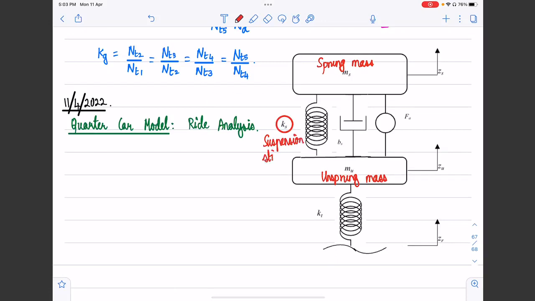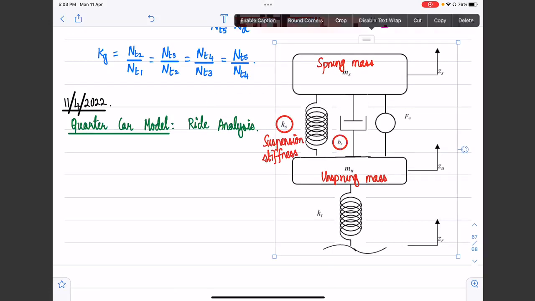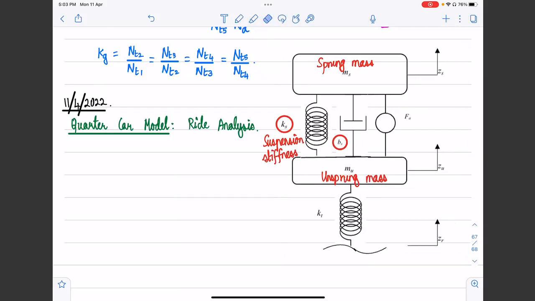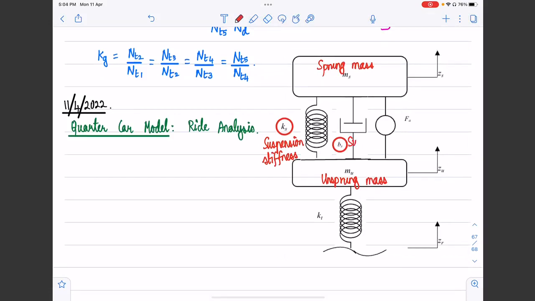And the energy dissipating element is represented by a damper or a shock absorber, and this is characterized by the parameter B subscript S, which is the suspension damping. Okay, so these are the two main elements of any suspension. And the vertical stiffness of the tire is characterized by the parameter K subscript T, and that is the tire stiffness, as far as our ride analysis is concerned.